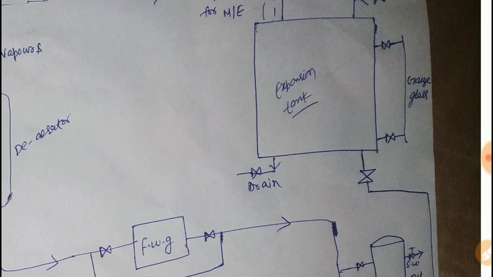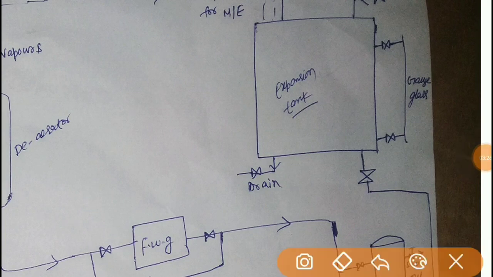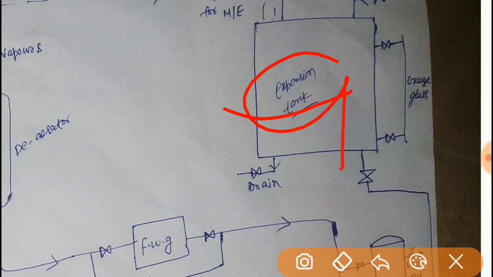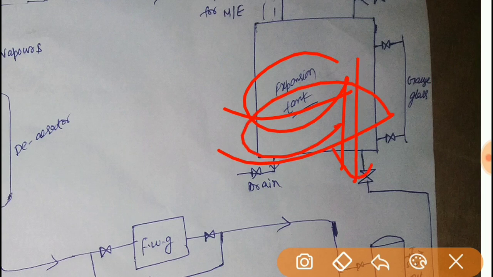If leakage happens or something, and the level decreases, then water from the expansion tank goes to the suction line. Jacket water does not take suction from the expansion tank. If the level decreases, it is used only for compensating the level.